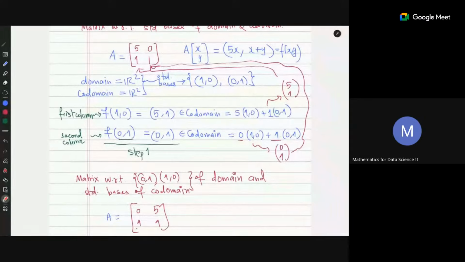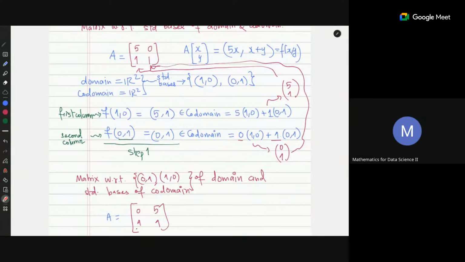Now (1, 0, 1) is the first vector, so whatever its image is in the codomain, its coefficients with respect to the codomain's basis will give me the first column.